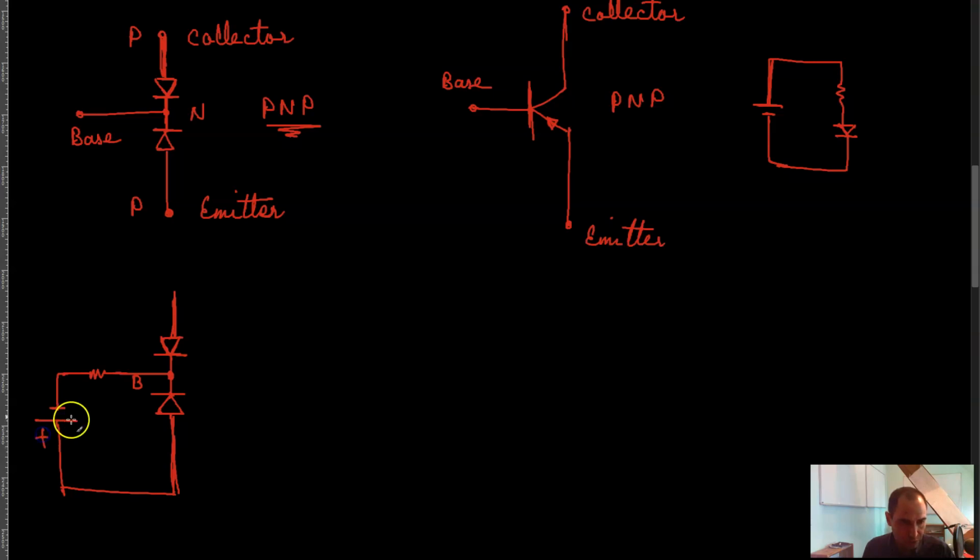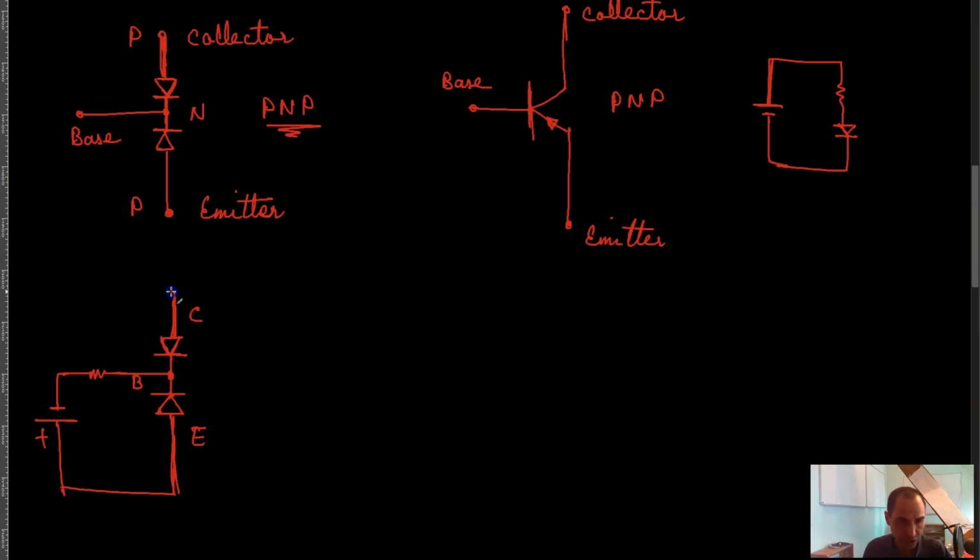Now, as you can see, this diode is forward biased, and so your base current is flowing. And since the base current is flowing, collector current is also flowing. So this becomes your base, this becomes your collector, and this becomes your emitter.